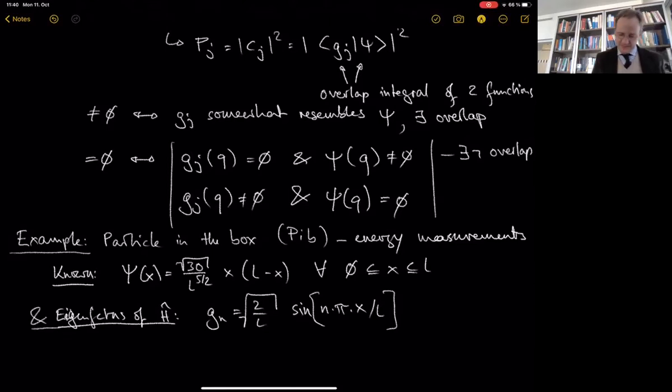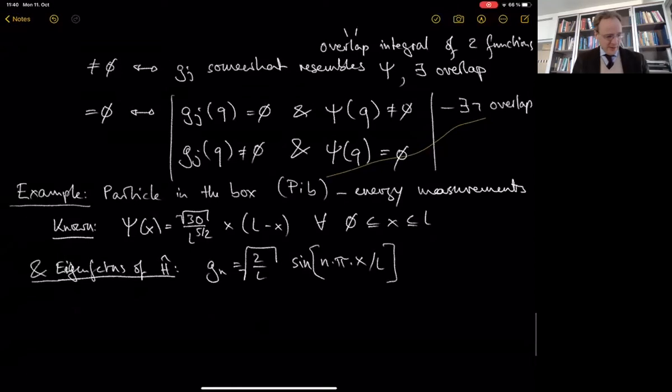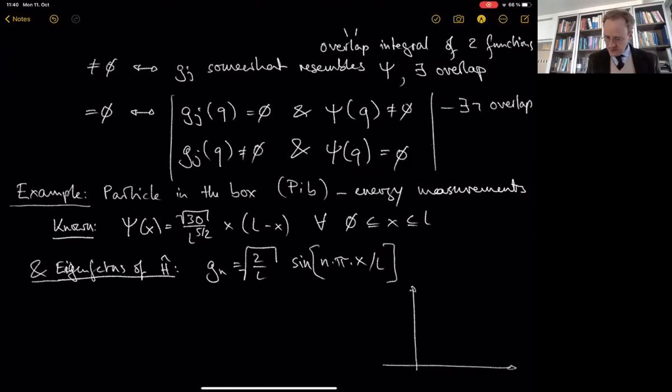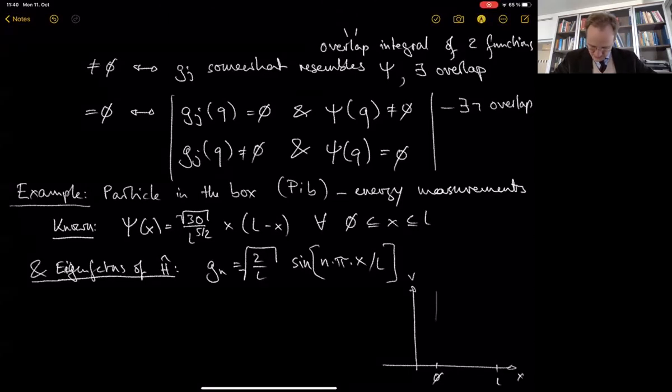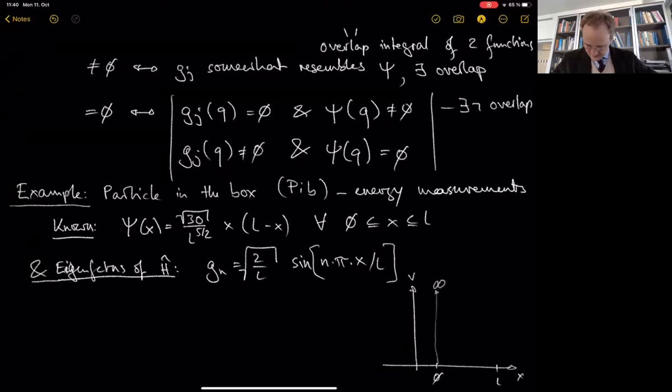And the typical picture, which you should know by heart, is some box. This is the potential. This is x. This is x equals 0, x equals L. And at 0, your potential tends towards infinity, and also at L. And in between, your potential is 0.